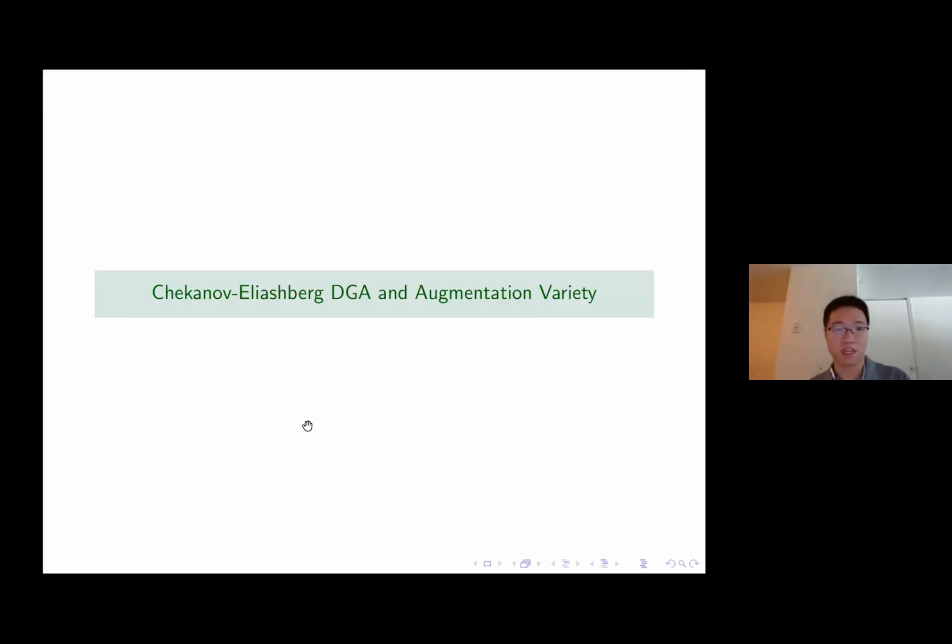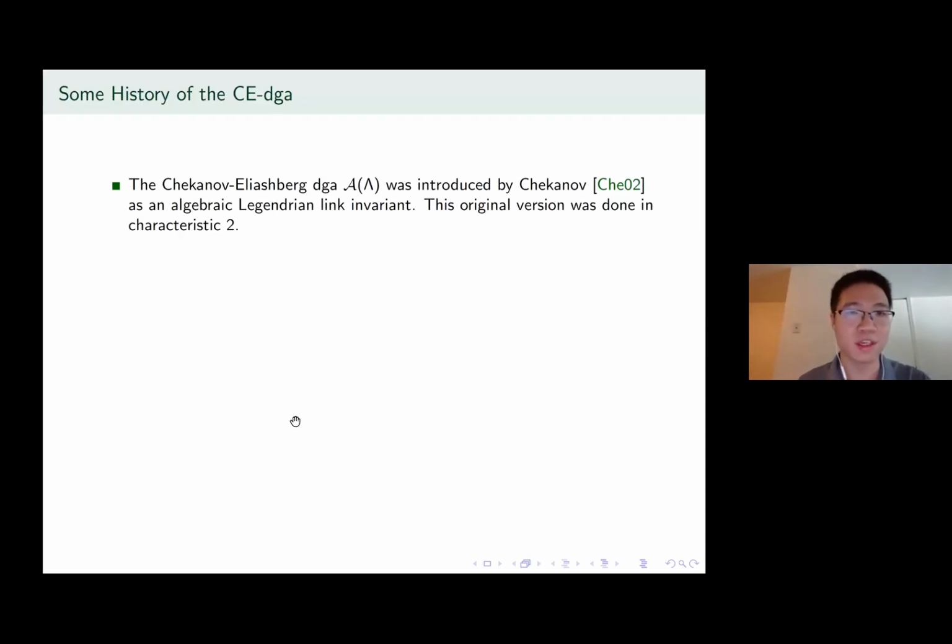So next section, I will talk about the Chekanov-Eliashberg DGA and augmentation variety. So first, let's talk about some history of the Chekanov-Eliashberg DGA. The Chekanov-Eliashberg DGA was first introduced by Chekanov as an algebraic invariant, and the original version was done in characteristic 2.